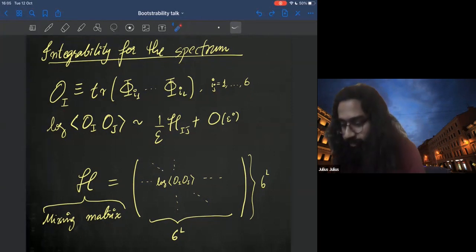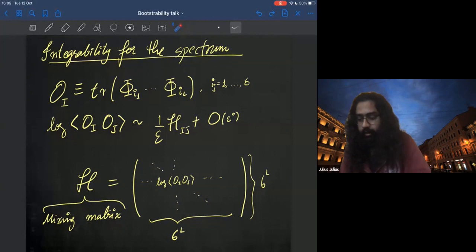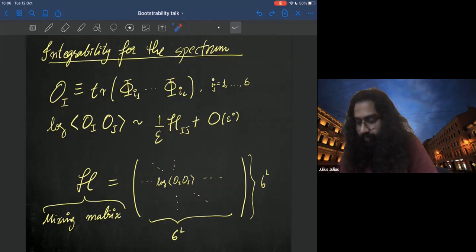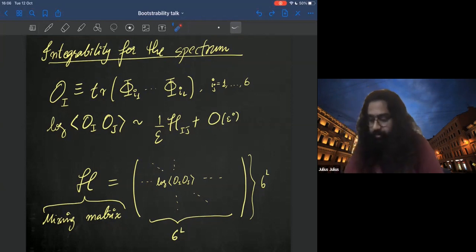Now, I here is just a generalized index. In general, if you want to calculate the expectation value of O_I, O_J, for example, then the expectation value obviously diverges.